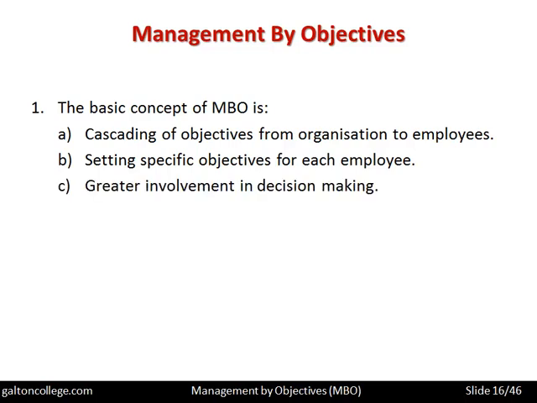There is greater involvement in decision making because of this, because the employees may feed back that the objectives are not realistic, or that there may be some mitigating circumstances that stop them from achieving their objectives. There may be issues, for example, that some parts of the production system complain that perhaps the raw materials are not appropriate or poor quality, so it's informing the whole system that there are issues.